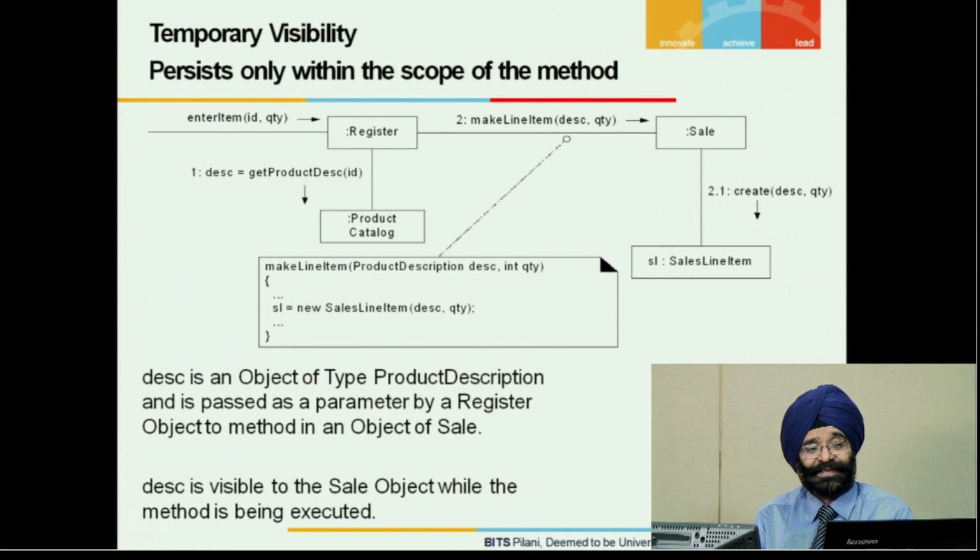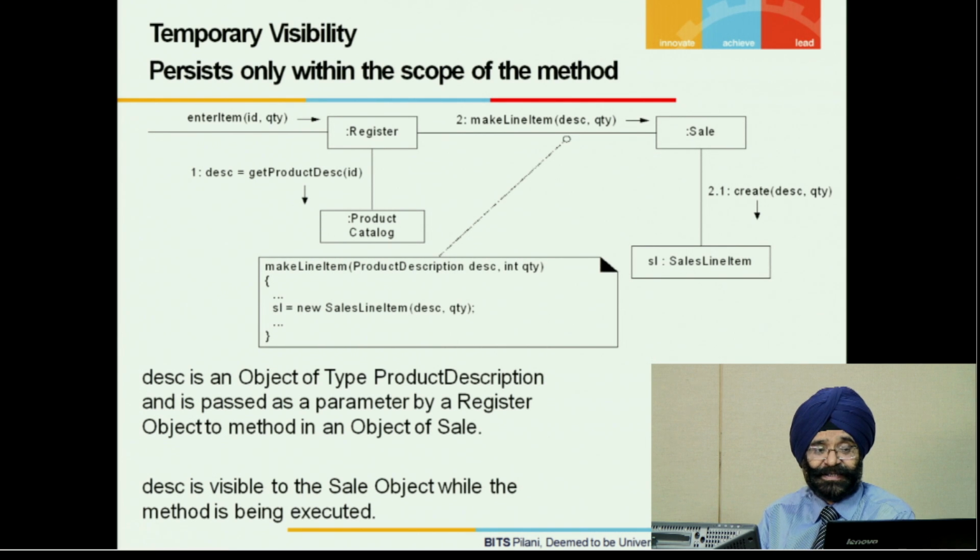Let us understand firstly what we mean by the temporary visibility. We've just mentioned that this visibility is by virtue of the object being received as a parameter. Let's take the example we discussed in the case of attribute visibility, where we had a register class and a product catalog class.